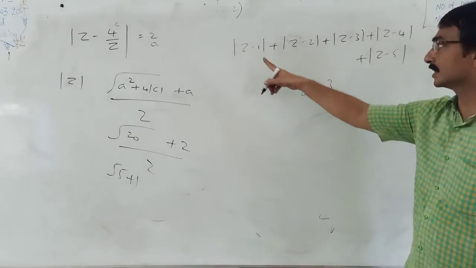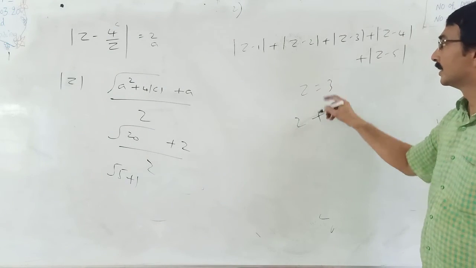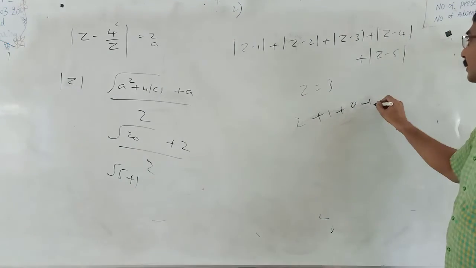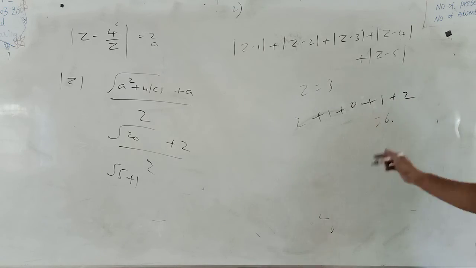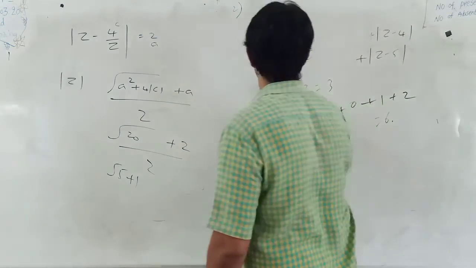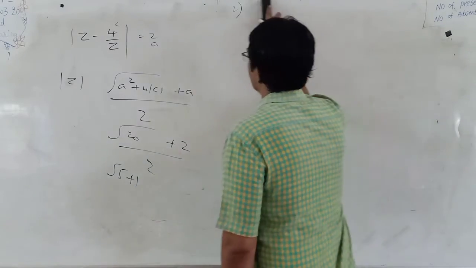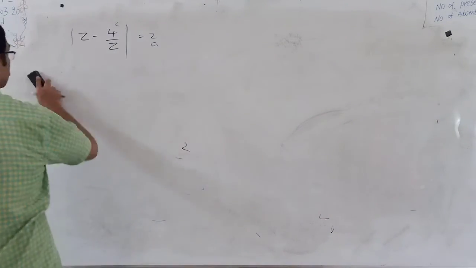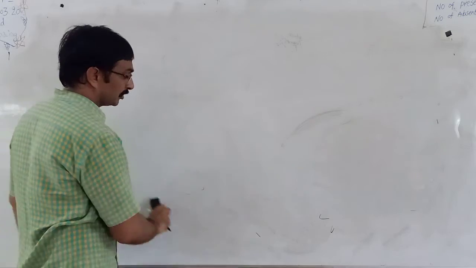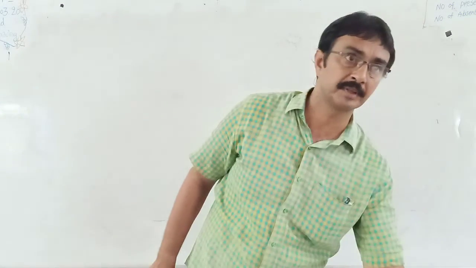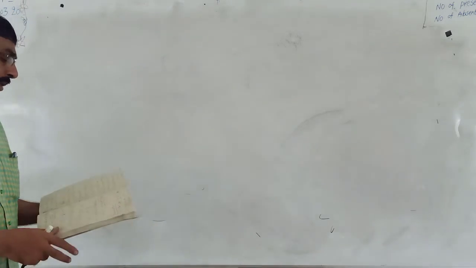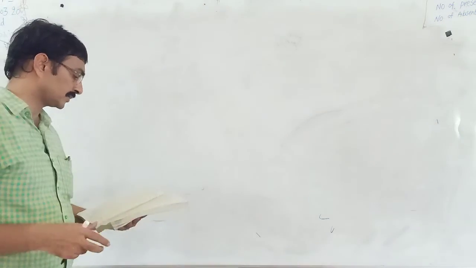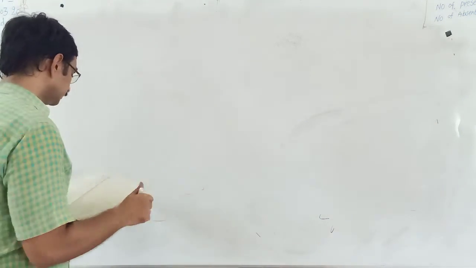So when z is 3, that is 2, this is 1, next 0, next 1, next 2. Therefore, 3 plus 3, 6. So that is the working rule of finding the minimum value of a function of the form modulus of z minus 1 plus modulus of z minus 2 and so on.